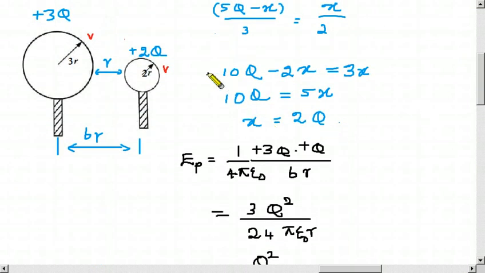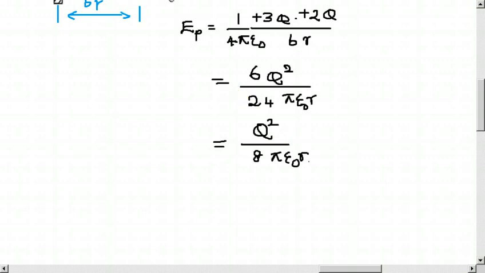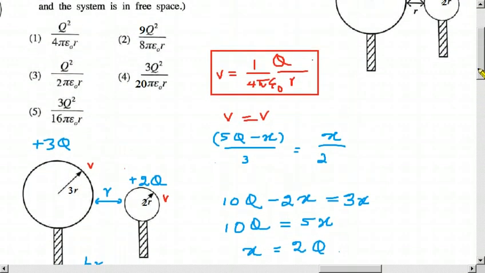Here I haven't written this 2q, I wrote 3q, I had written 2q, then 3 times 2, 6 here. Divide by 6, 4 times 2, 24, q squared by 4, this one.